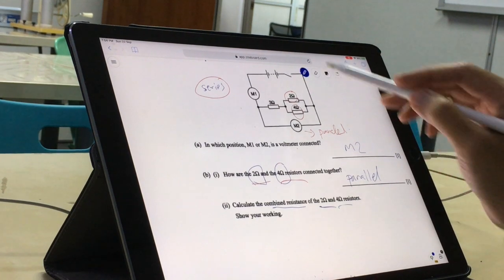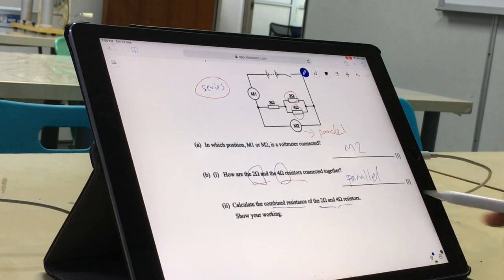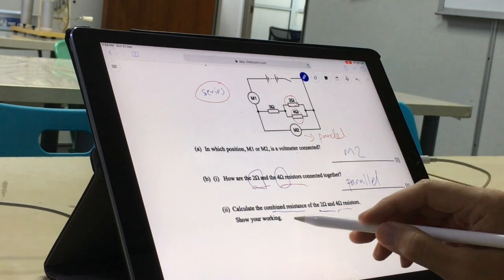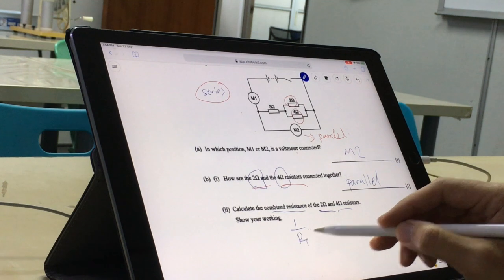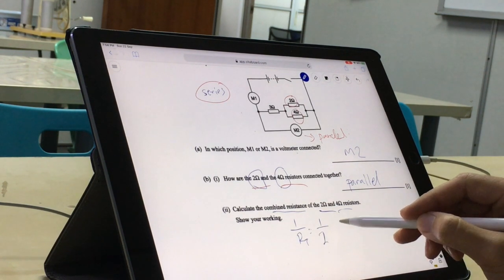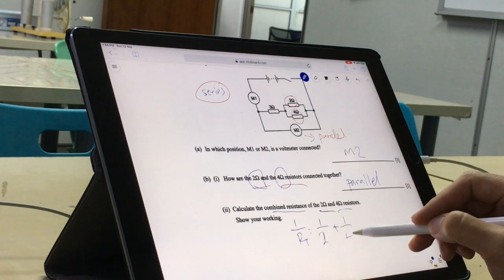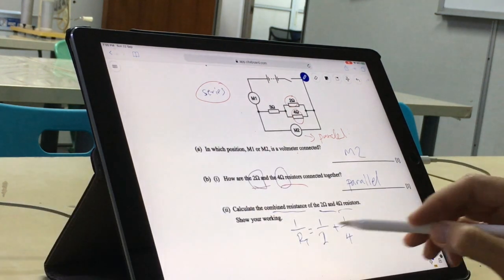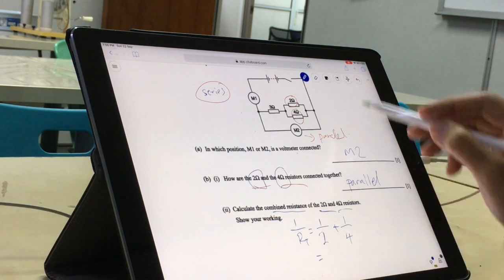Because they are parallel, do you know which formula to use? 1 over R. Very good. 1 over RT equals 1 over 2 plus 1 over 4. Correct? Then you find the common denominator.